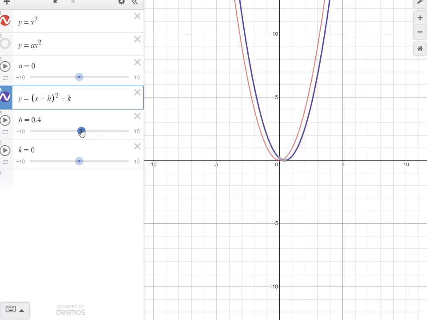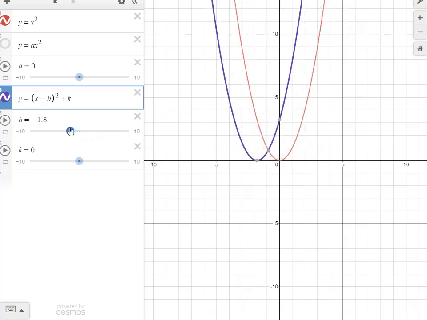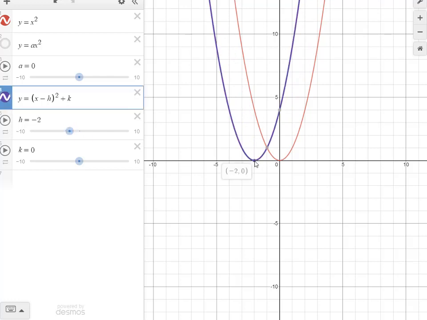Well, if I decrease H, there we go. So if H is negative 2, my vertex becomes negative 2, 0. Now remember, that's going to look like x plus 2 because it's minus H here. So x plus 2 squared plus K.